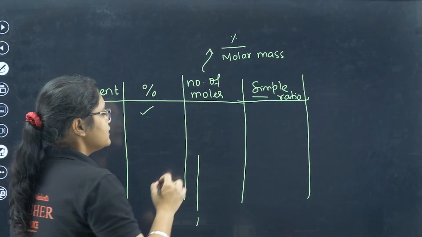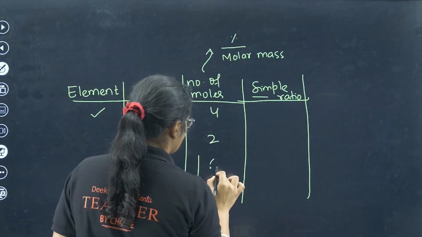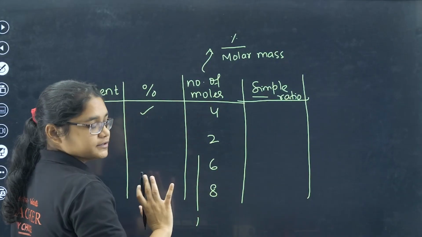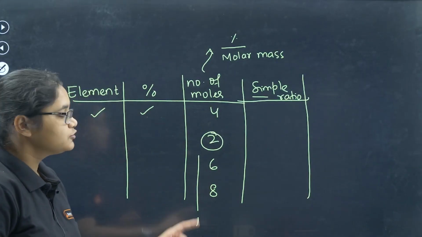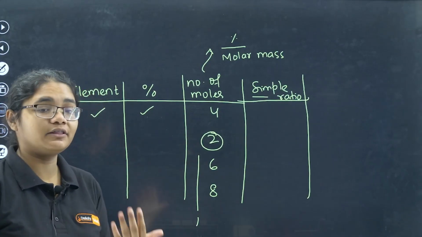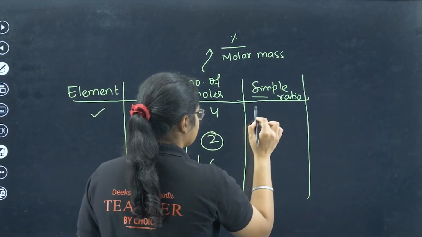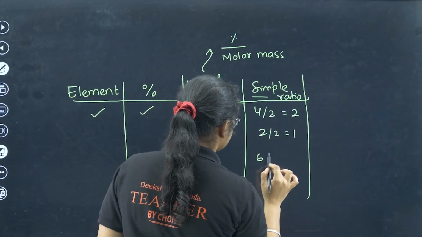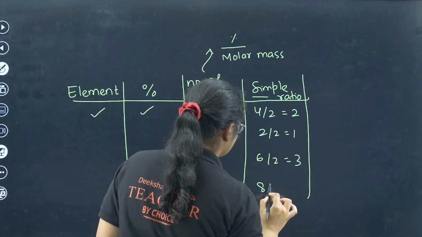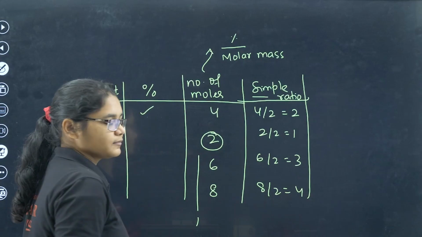For example, suppose you have got 4, 2, 6, 8. Now which is the smallest number out of these 4? 2 is the smallest number, right? So every number has to be divided by 2. So 4 divided by 2 gives 2, 2 divided by 2 gives 1, 6 divided by 2 gives 3, 8 divided by 2 gives 4.